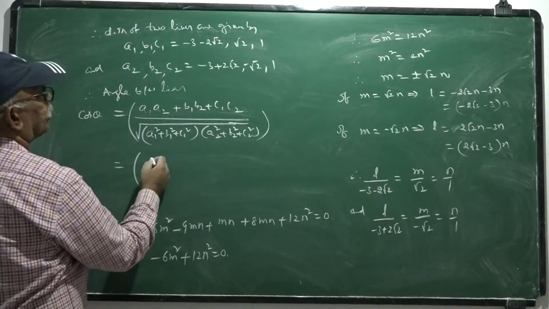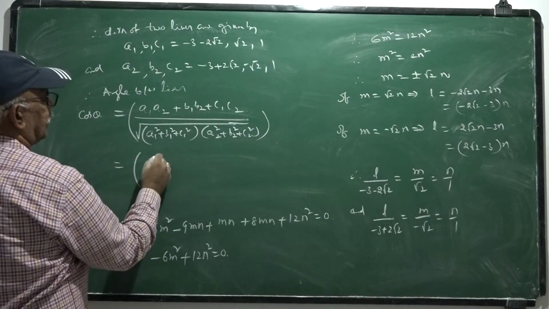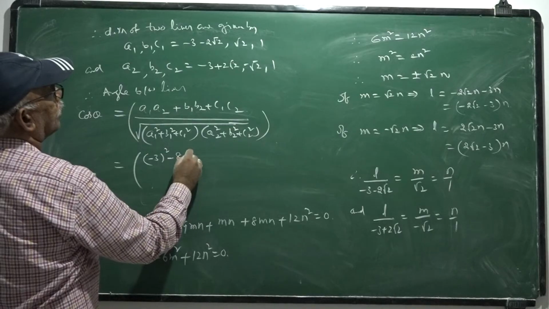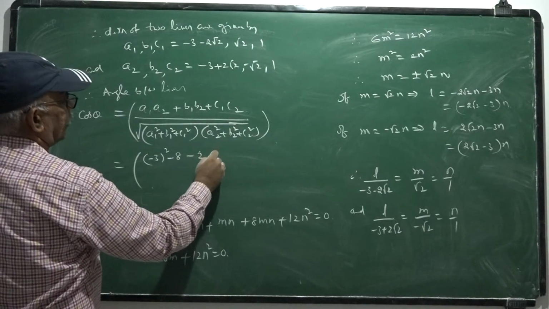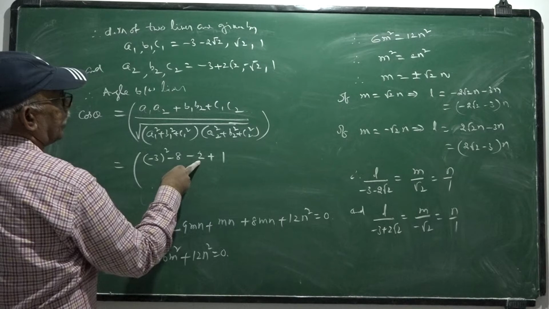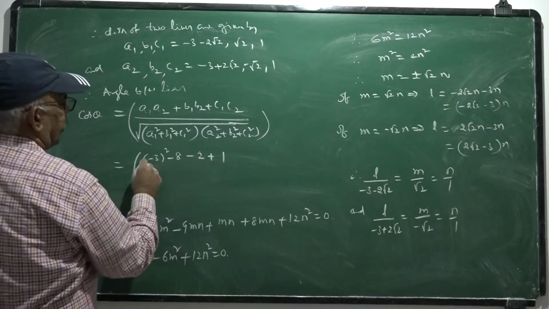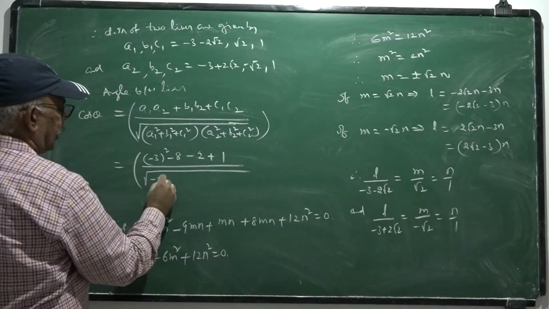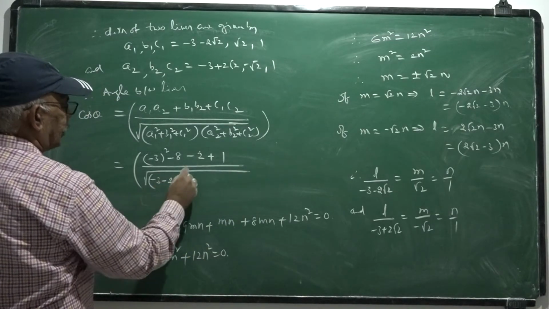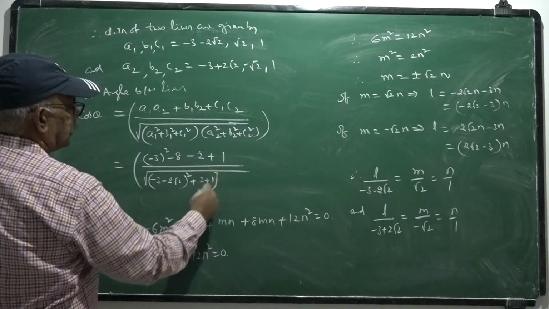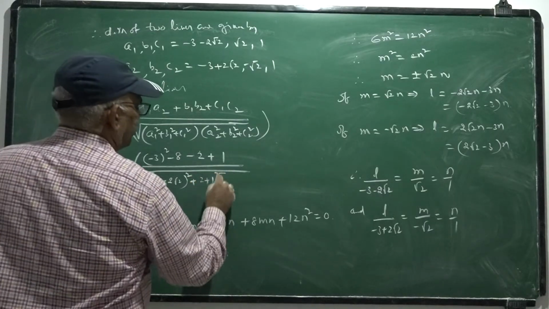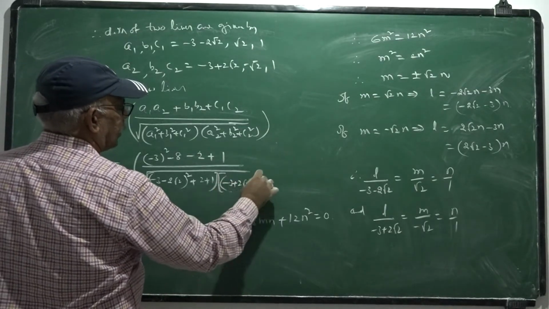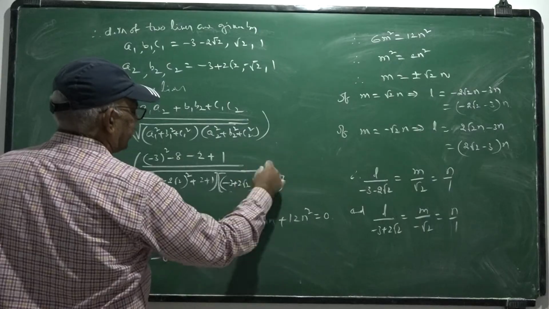So multiplying these two: minus 3 whole square minus 8, minus 2, plus 1. This is a1 a2, this is b1 b2, this is c1 c2, by square root of (minus 3 minus 2 root 2) whole square plus 2 plus 1, which is one set of values, and (minus 3 plus 2 root 2) whole square plus 2 plus 1, which is the other.